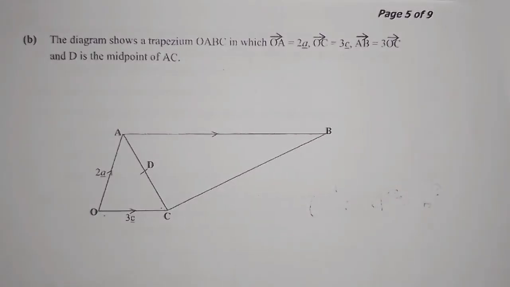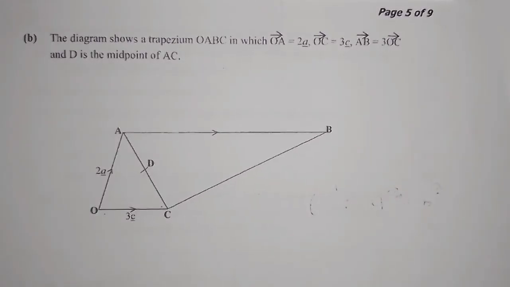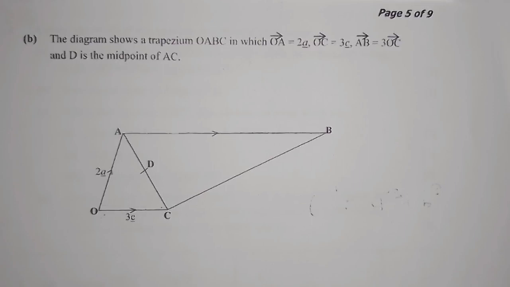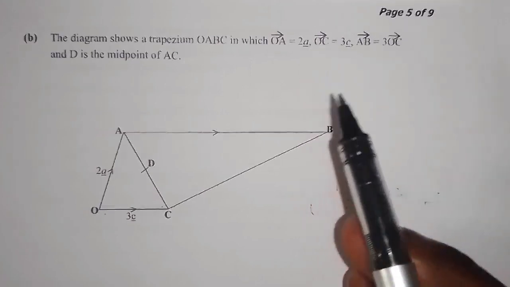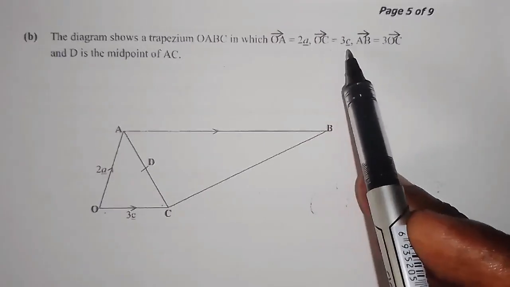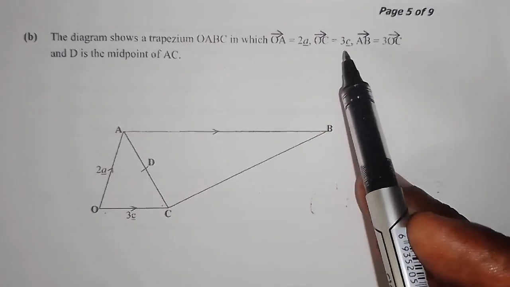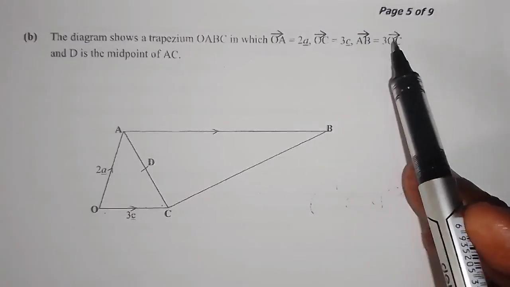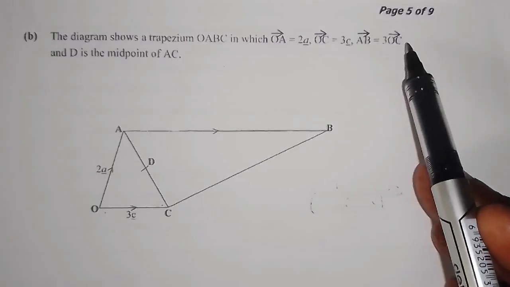Okay, so let us look at question 6b. This is about vectors, and we know that vectors do come every year. The diagram shows a trapezium OABC in which OA is equal to 2 vector A and OC equals 3 vector C, AB equals 3 then vector OC.